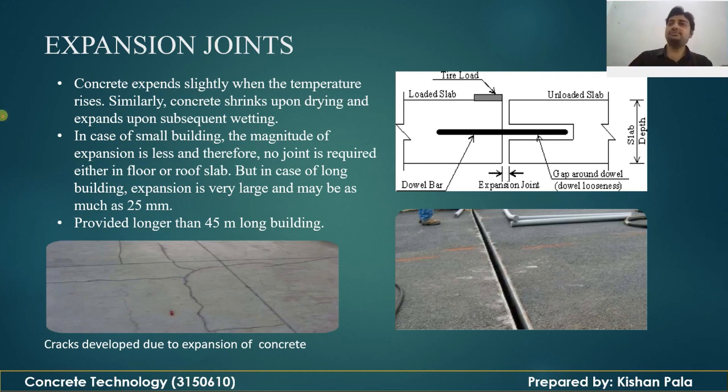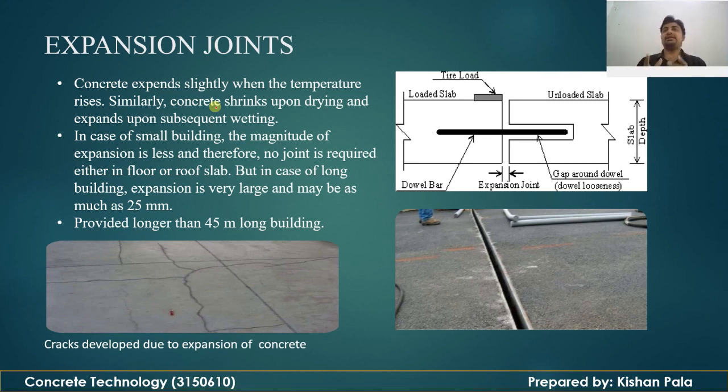So concrete expands slightly when the temperature rises. Similarly, the concrete shrinks upon drying. So with temperature changes, there is an effect on the concrete mass. In that case you have to provide the expansion joint.